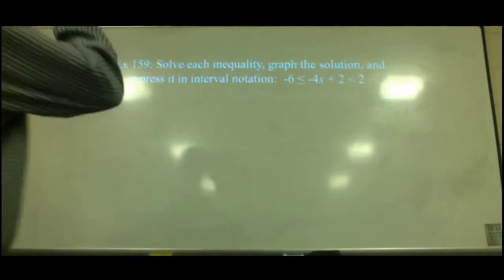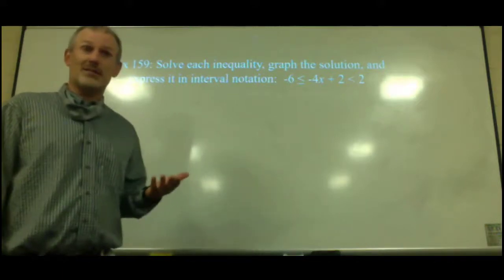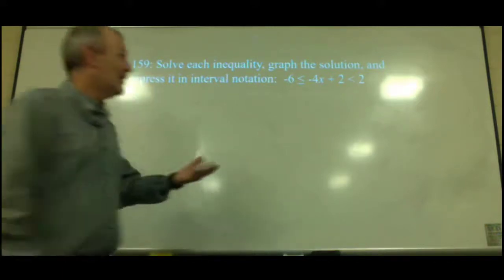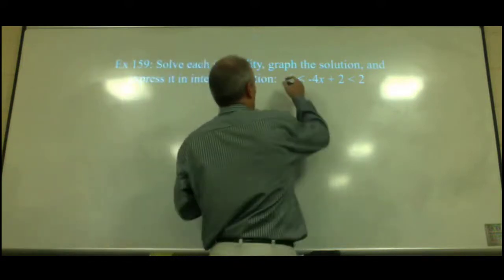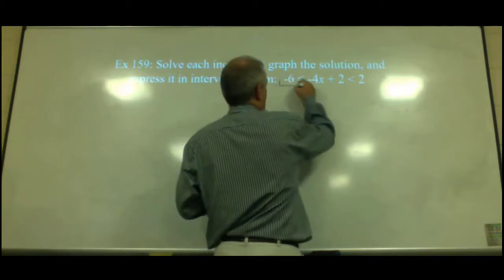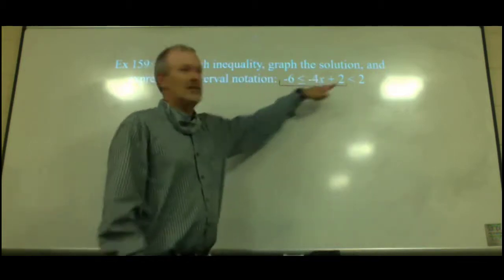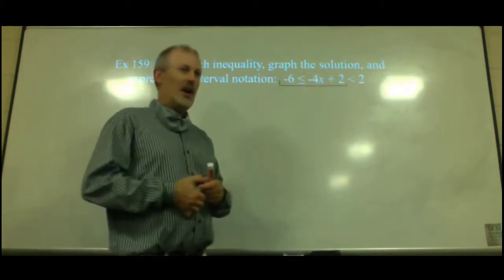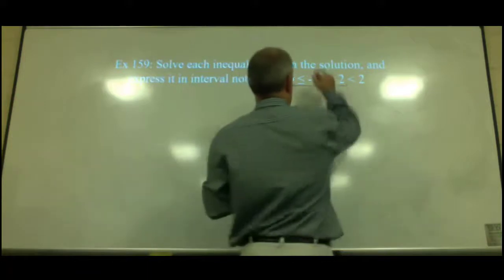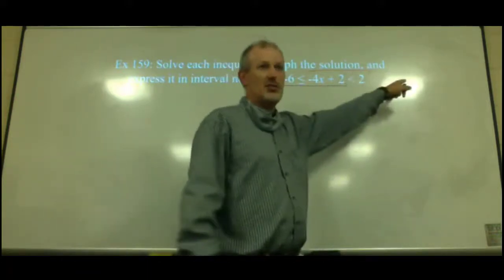To see our example, all right, now sometimes you see examples for and statements written like this. Sometimes they don't actually say and, they just say this. Now this is two separate inequalities. One of the inequalities says that -6 is less than -4x plus 2. The other part of this inequality says that -4x plus 2 is less than 2.